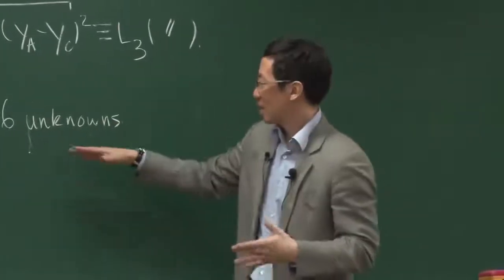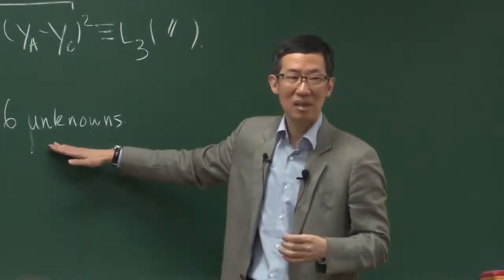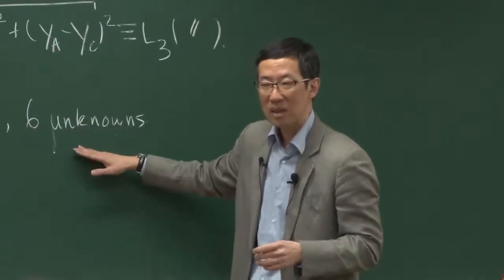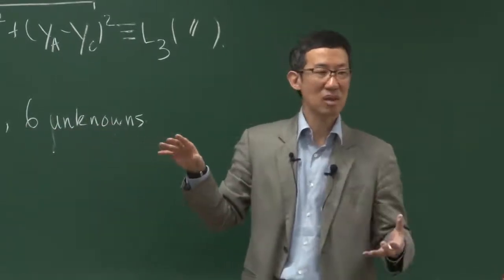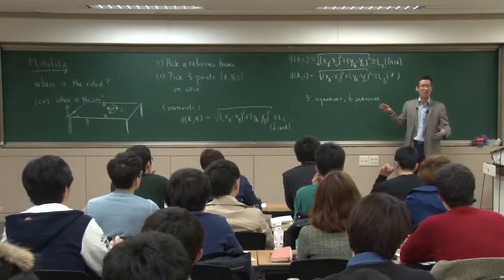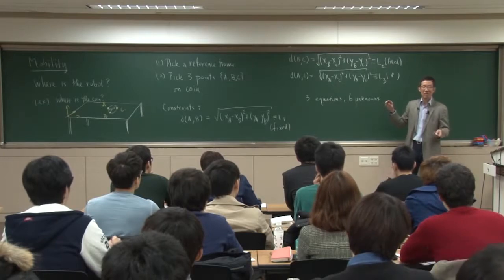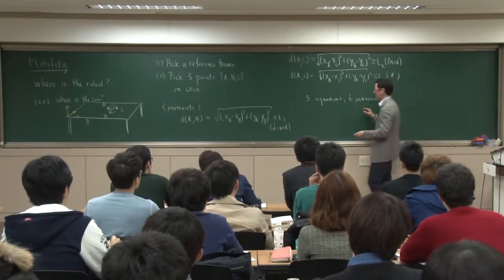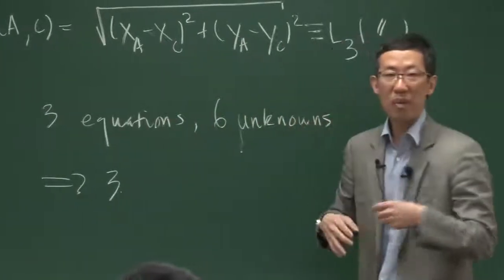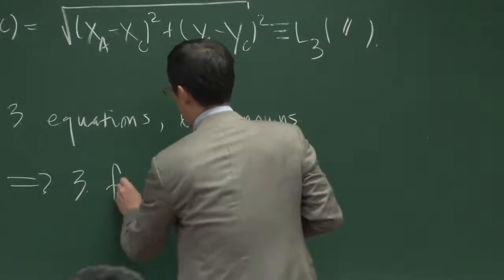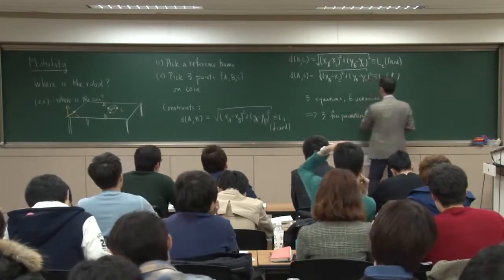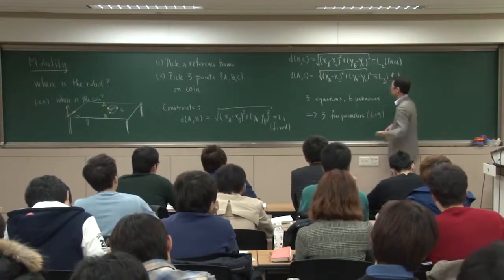In math, you've seen this kind of reasoning quite frequently. 3 equations, 6 unknowns. So that means that in general, there's not a unique solution. In fact, we have 3 free parameters, from 6 minus 3.